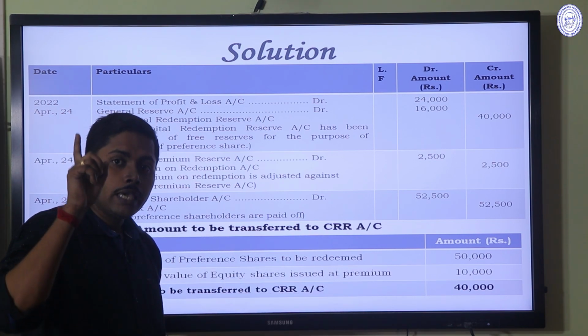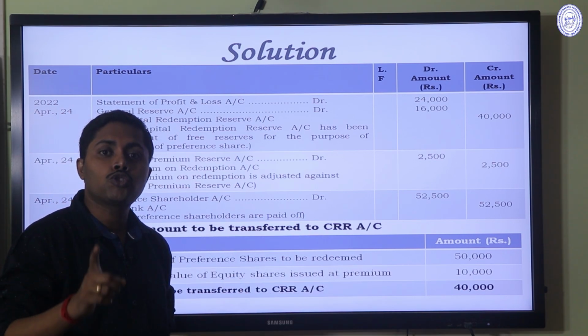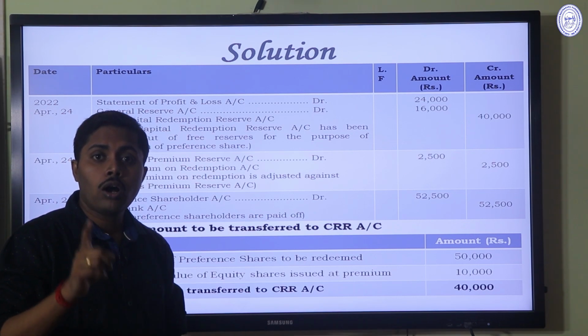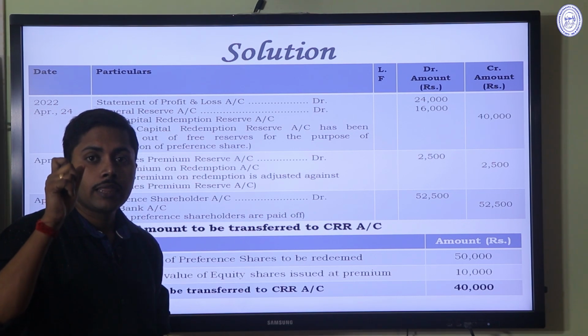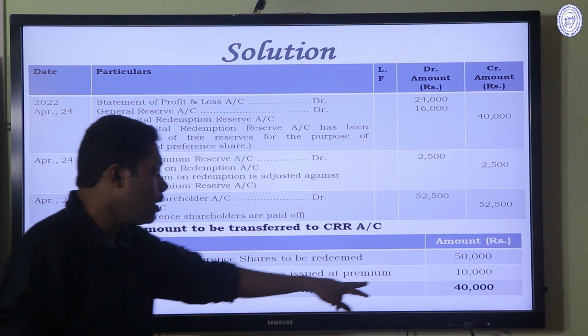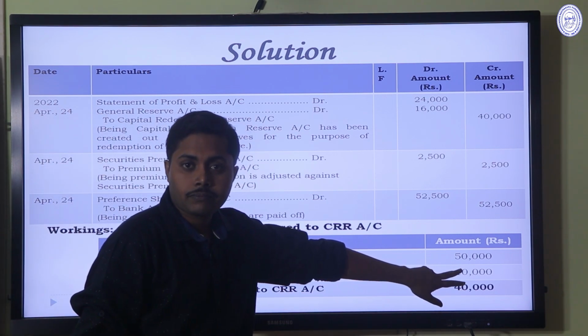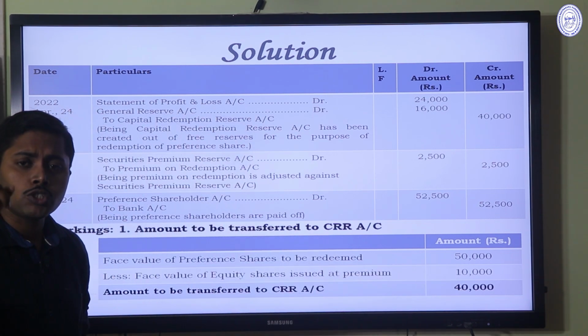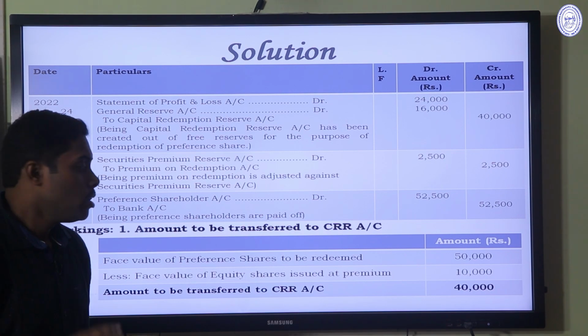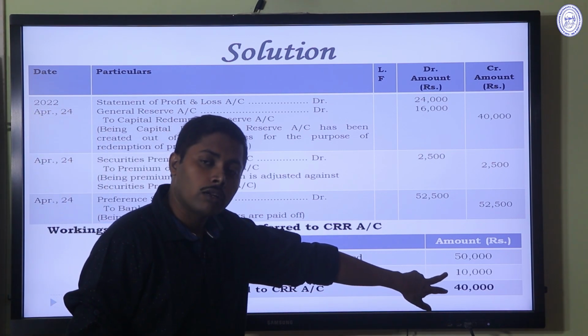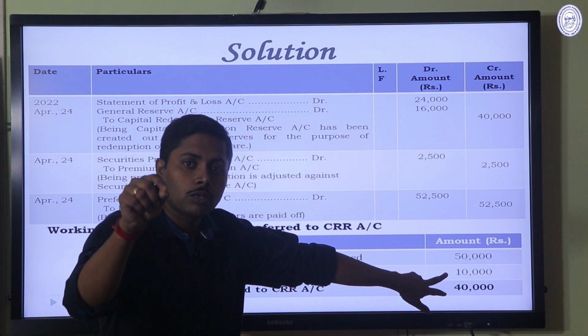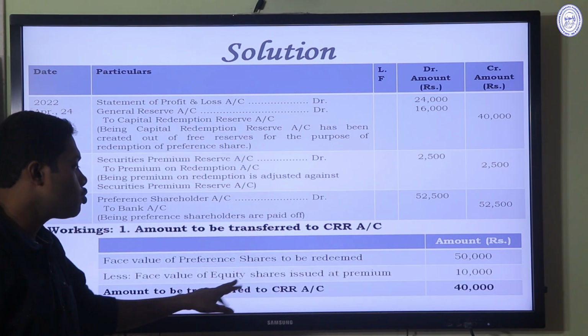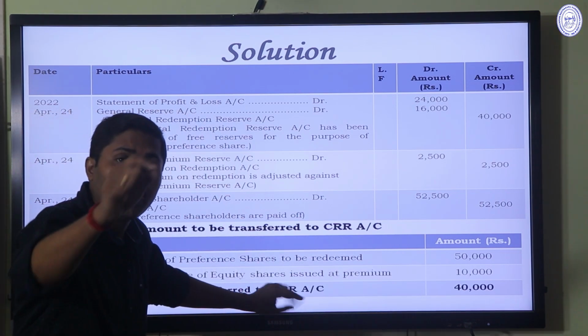Remember, if shares are issued at par or at premium, then the face value of the share will be mentioned over there. Face value of shares issued was 10,000. So only face value will be used for the calculation of CRR if shares are issued at par or at premium.